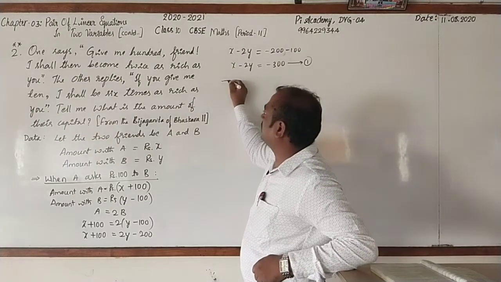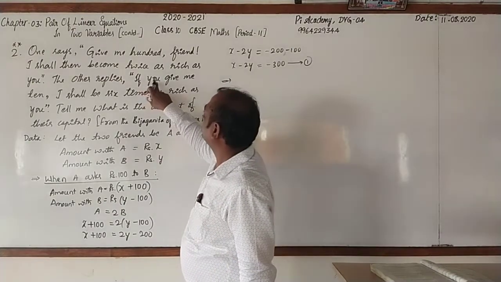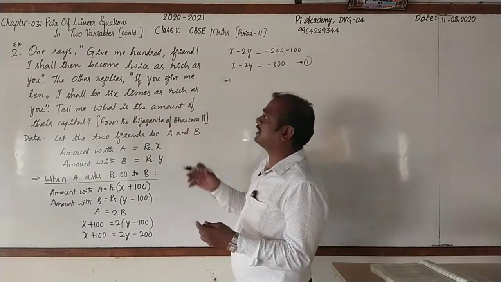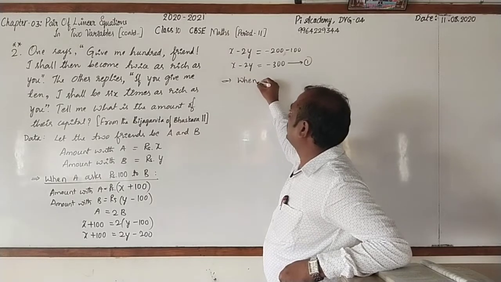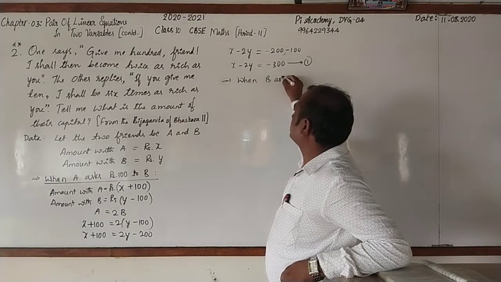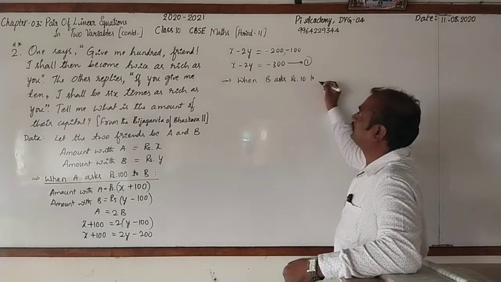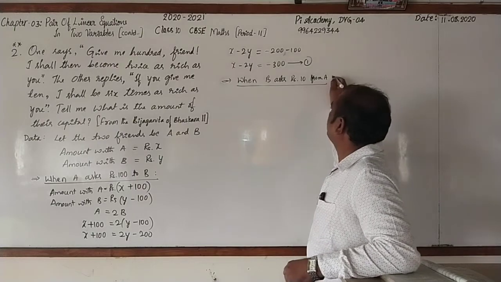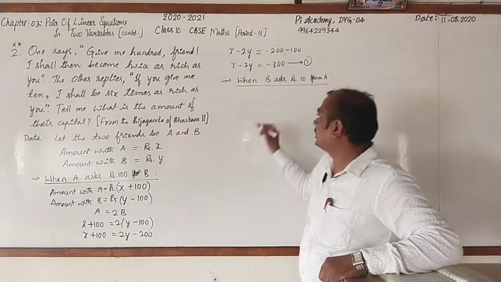In another statement, B will tell that, give me 10, I shall be 6 times as rich as you. So when B asks for rupees 10 from A, observe it.